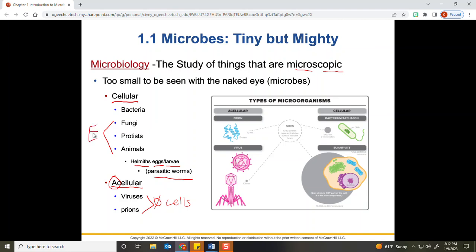I'm going to write E for short because I'm out of space. But we will talk again about that in the future, possibly in this PowerPoint. If not, then in a future one, about what the difference is in eukaryotes versus other organisms. And some of you may already be familiar. If you took Bio 1 with me, then you should know what a eukaryotic organism is. But we'll come back to that later.